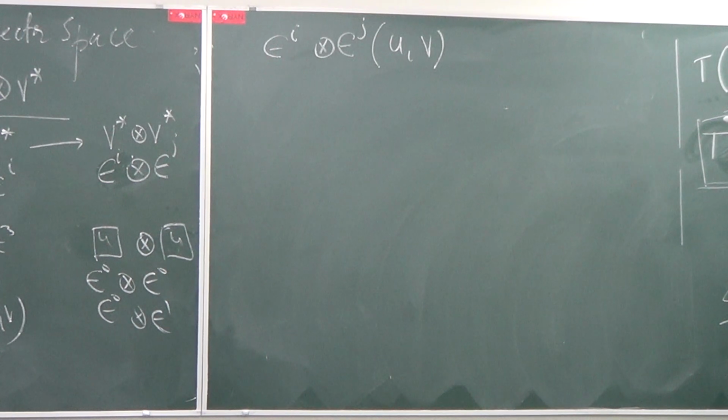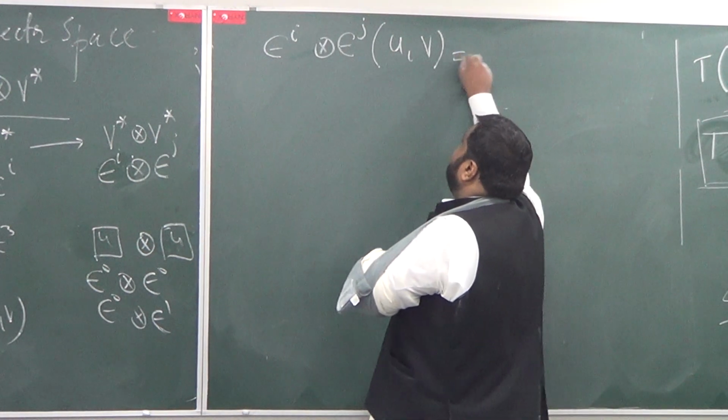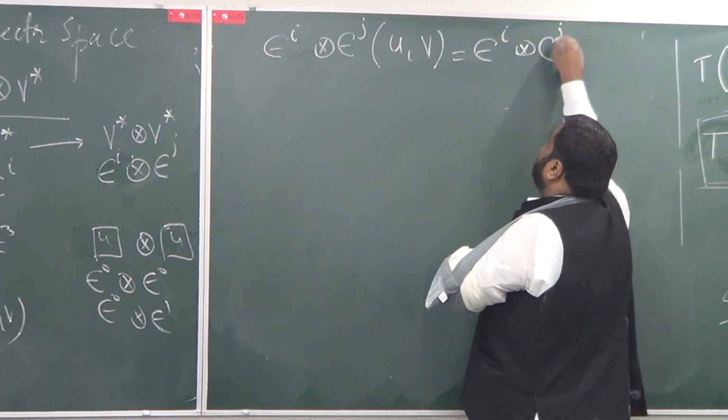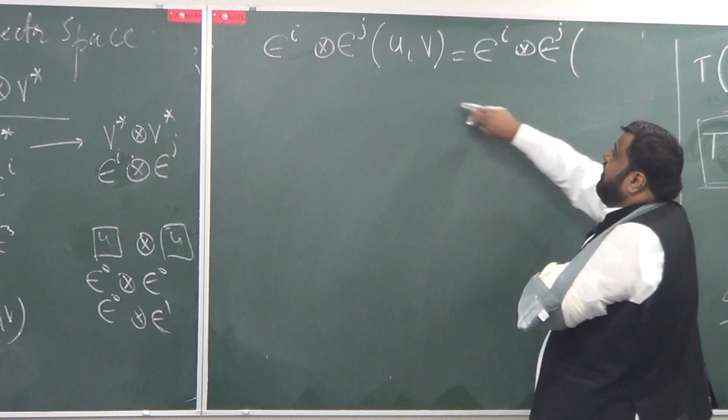And i and j could be anything: 0, 0, or 1, 0, or 2, 0, something like that. So this would be the tensor product of epsilon i and epsilon j operated onto u and v.